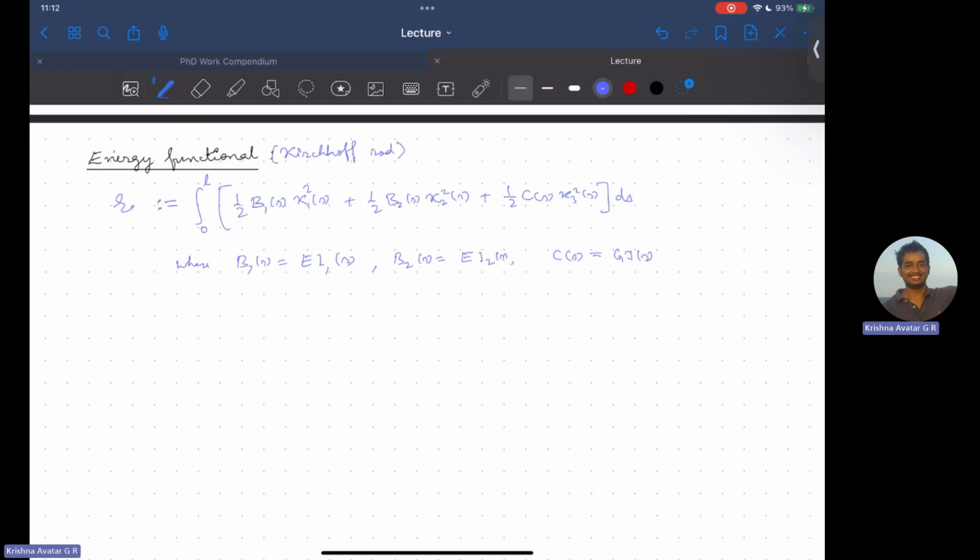But it also has certain constraints. As we know, we do not allow the rod to be extensible. So there are some constraints as well.